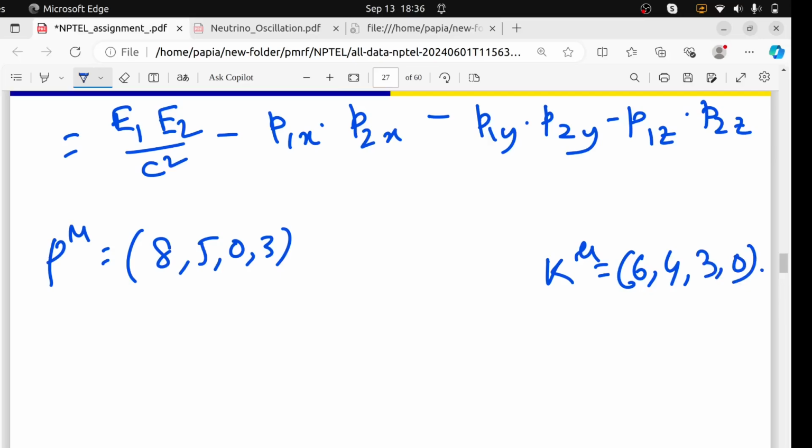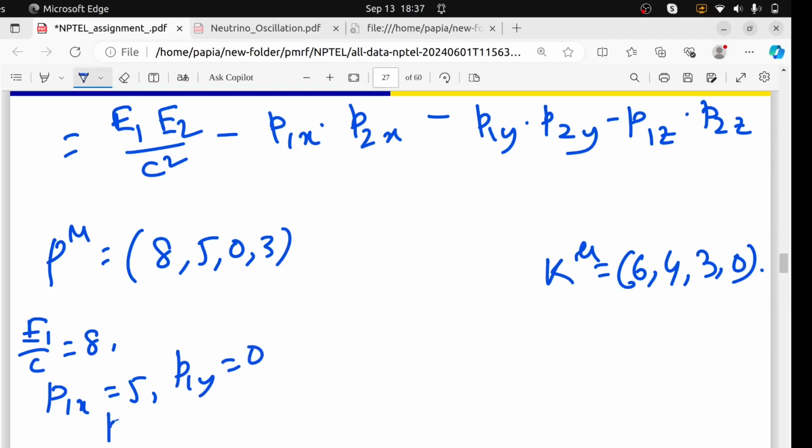So for this case, I am writing a step by step calculation. Here E1 by C is 8, P1x 5, P2x 4, P1y 0, P1z 3.